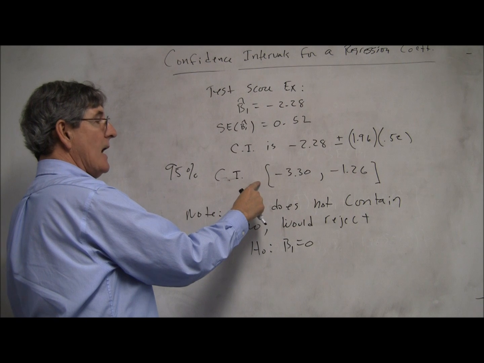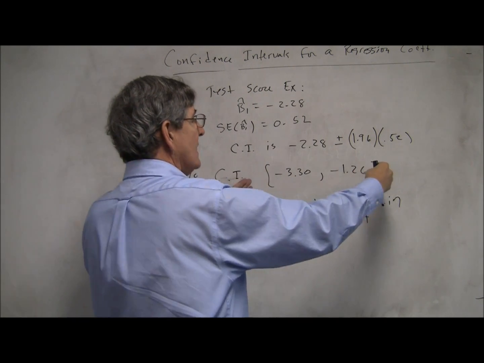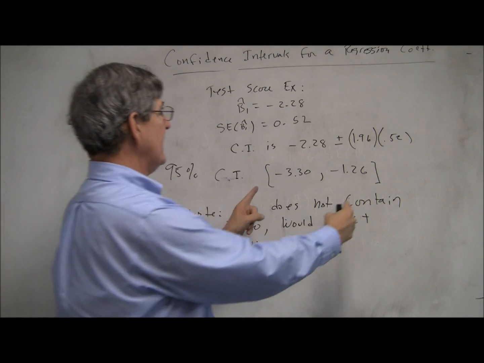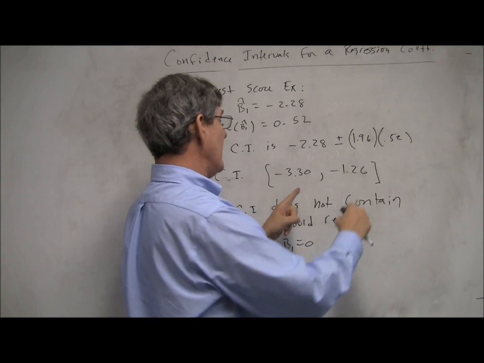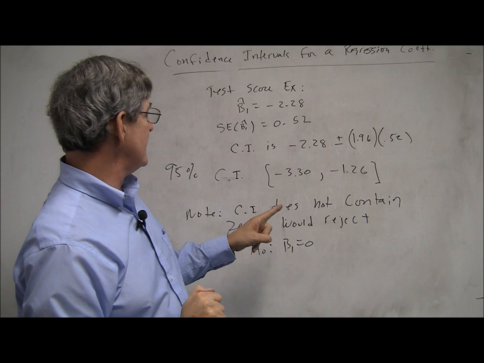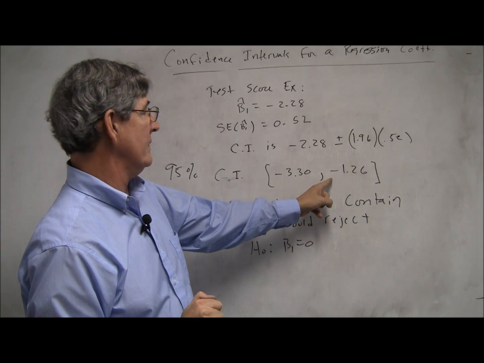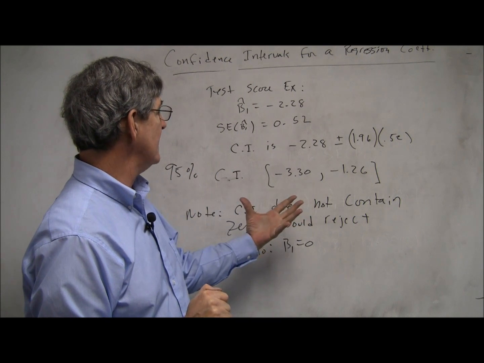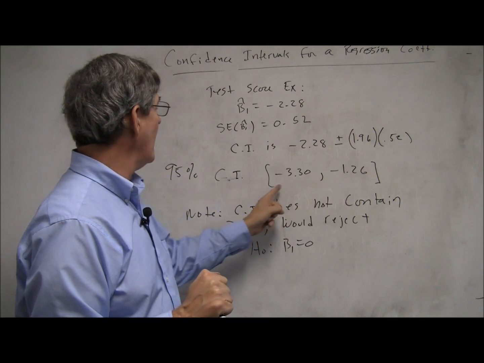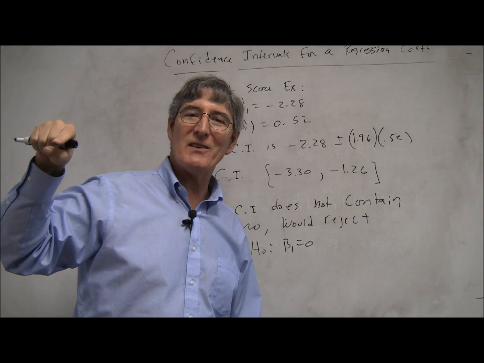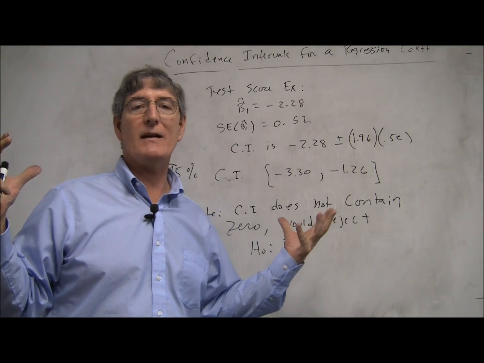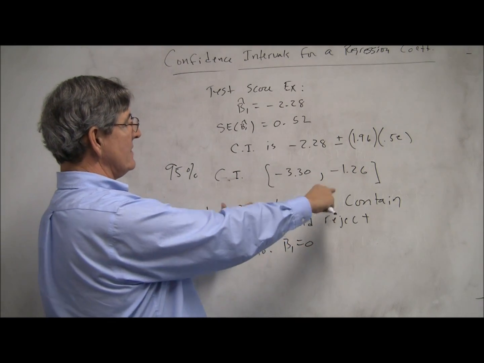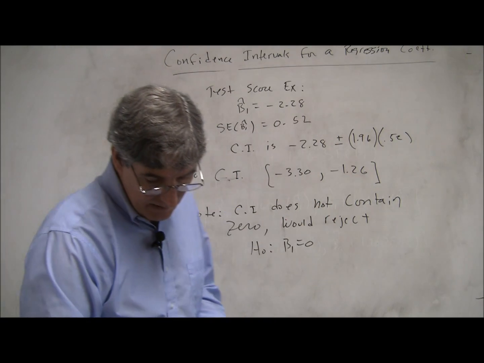We'd reject that it's minus 4. Anything that's not in this range, if we were to do a t-test, would be rejected. So again, this is the range of things that aren't rejected. If I test the hypothesis that beta 1 is minus 2, I wouldn't reject it. So these are all the beta 1,0 values that would not be rejected. That's the first definition of the confidence interval. And again, another interpretation is that 95% of the time the true value is in that range.